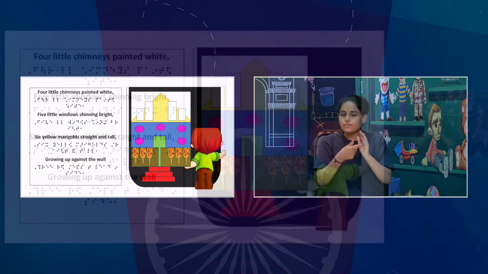Like what are windows? Door, gate, what is the difference between door and gates? With the animation, when the things appeared one by one, the child is able to make an association, increase vocabulary, and understand the concept as well. Correct. So let's go forward with the session.